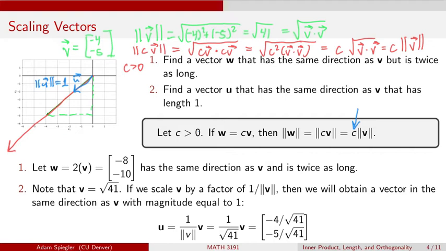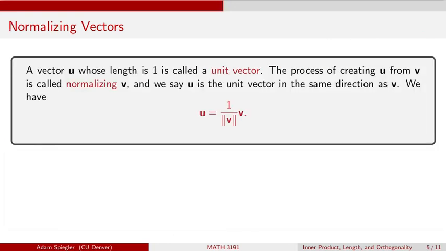On the next slide, we are going to generalize this process of finding unit vectors in a certain direction. A vector u, which could be of any dimension, in Rn, whose length is equal to 1, is called a unit vector. The process of creating a unit vector u from some arbitrary vector v is called normalizing vector v, and we say that u is the unit vector in the same direction as v.